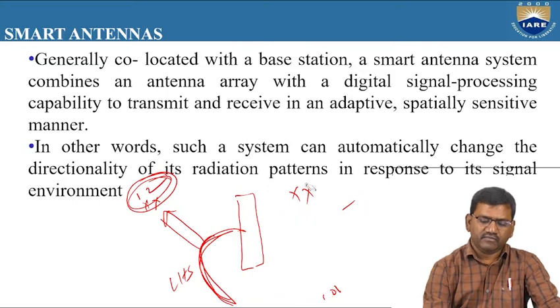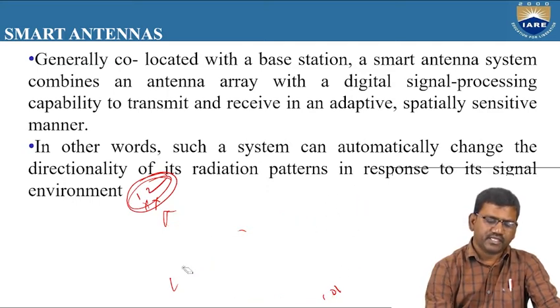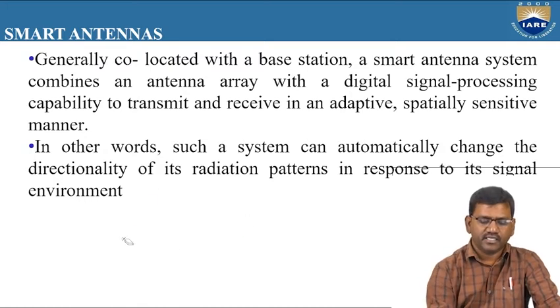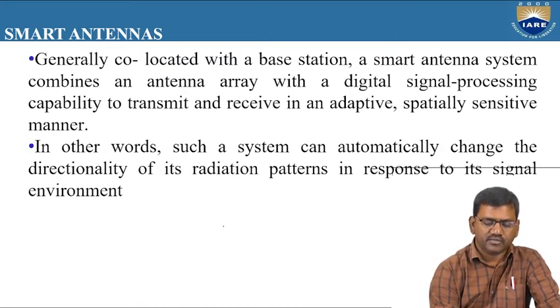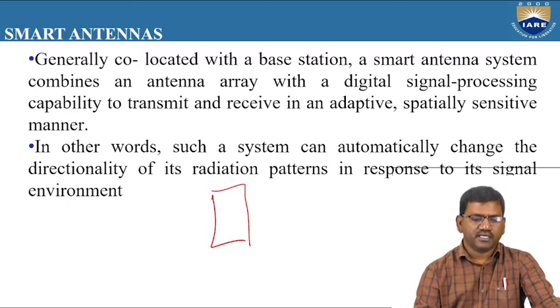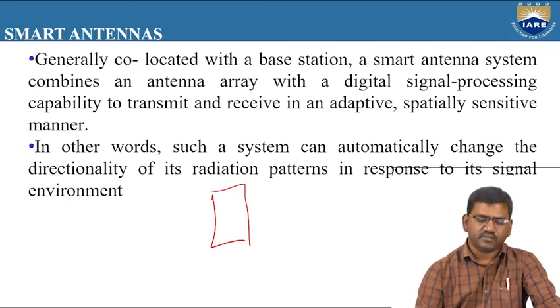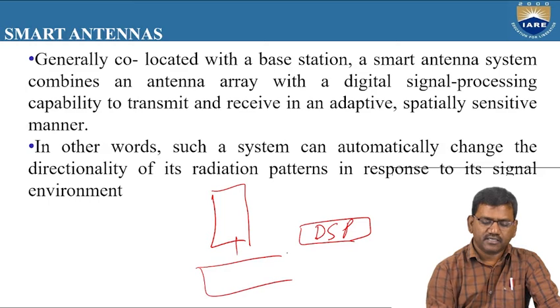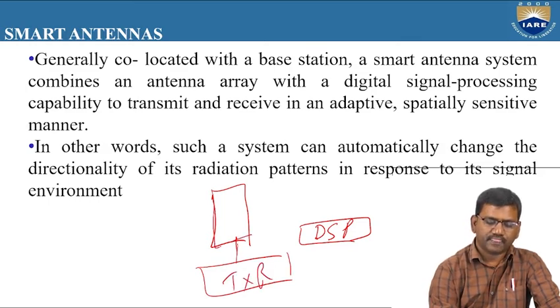Now, generally, what is a smart antenna system? A smart antenna system consists of a base station. Suppose this is an antenna here, a base station. A smart antenna combines an antenna array with a digital signal processing unit. So here there will be one DSP, digital signal processing unit, and a transceiver attached to this array system.